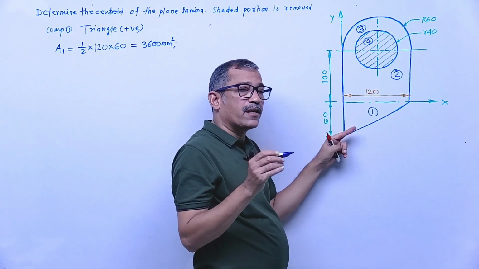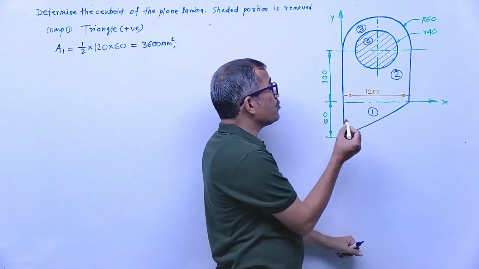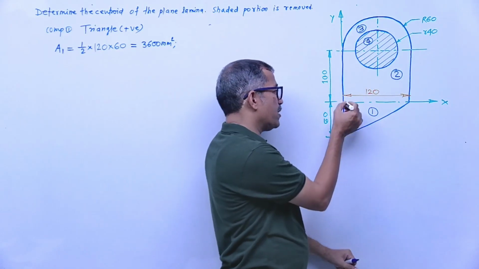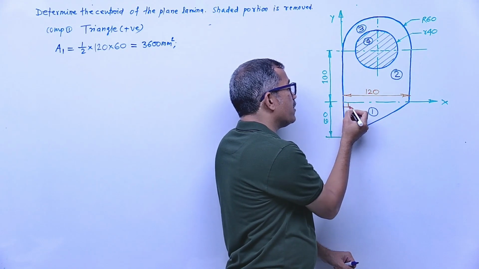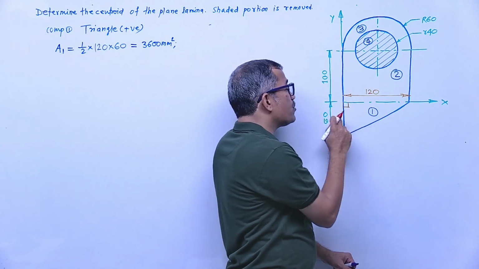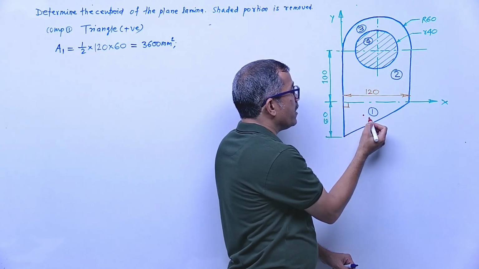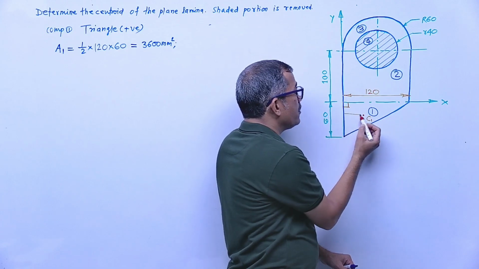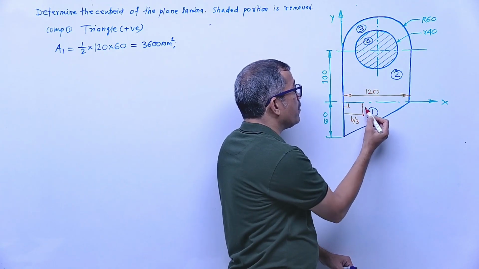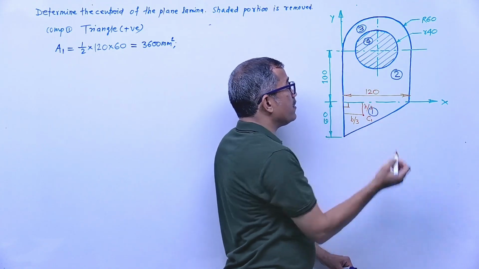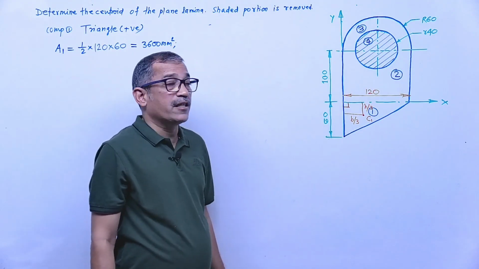First, in a right angle triangular lamina, identify the two sides which are mutually perpendicular. This is vertical, this is horizontal. This angle is 90. So from these two sides, at what distance will the centroid be? This one becomes 1/3 of the base. This will become 1/3 of the height. B by 3 and H by 3.